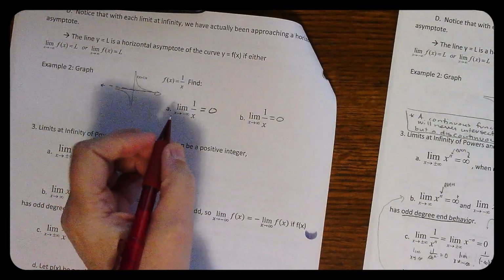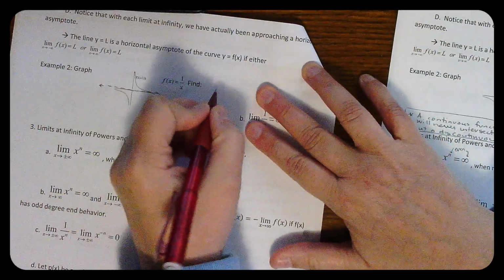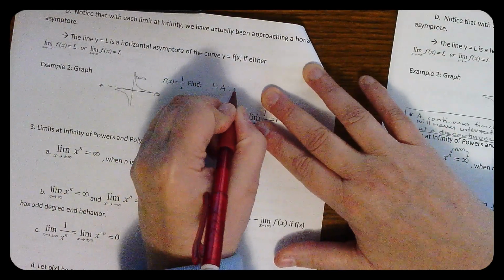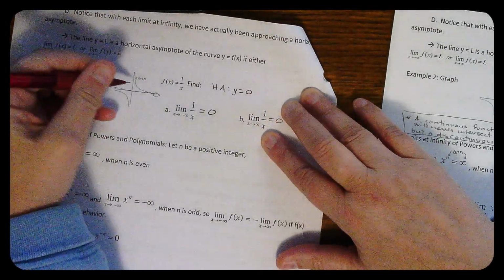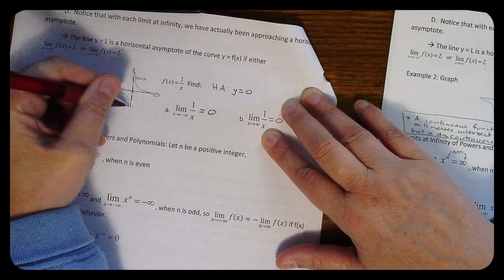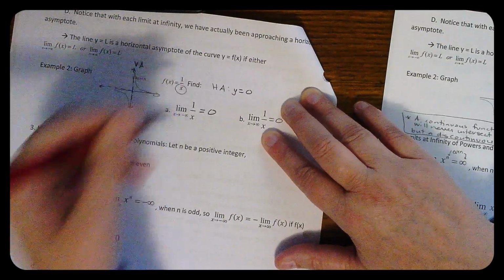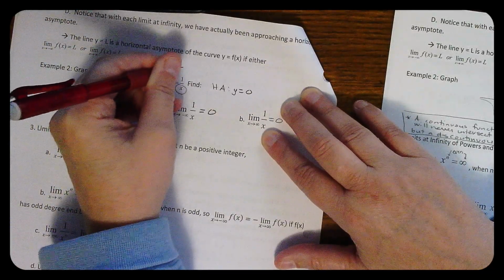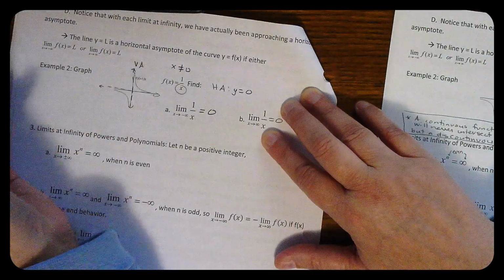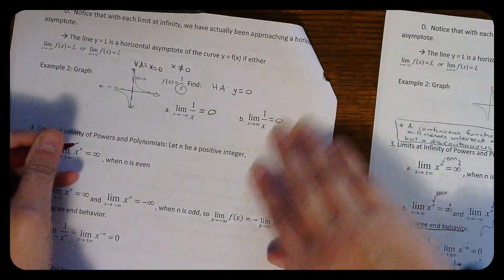All right, so again, you now have a horizontal asymptote at y equals 0. But you also have a vertical asymptote. Remember, vertical asymptotes come from where the denominator can't equal 0 and it doesn't cancel. So there's a vertical asymptote at x equals 0.